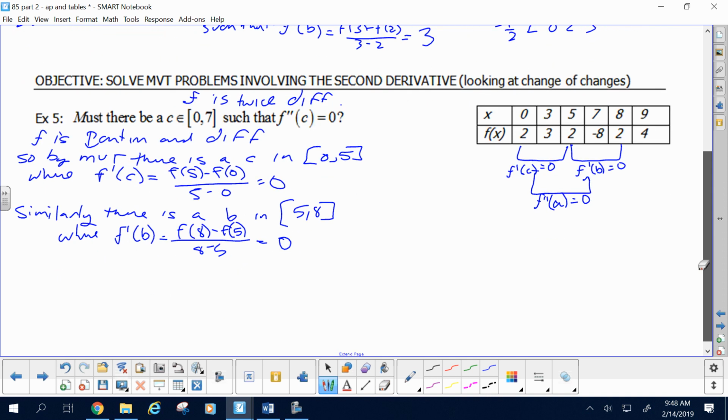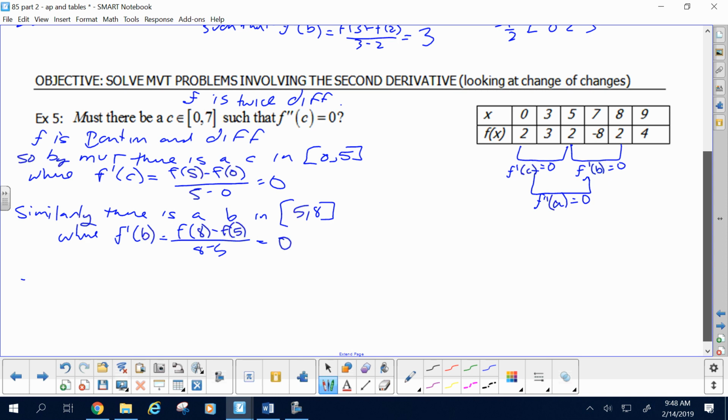Now for a good student, this is the part that's the most likely to cause the problem, all right? So now we're going to apply the MVT to f prime. So how are we going to cite the conditions here?